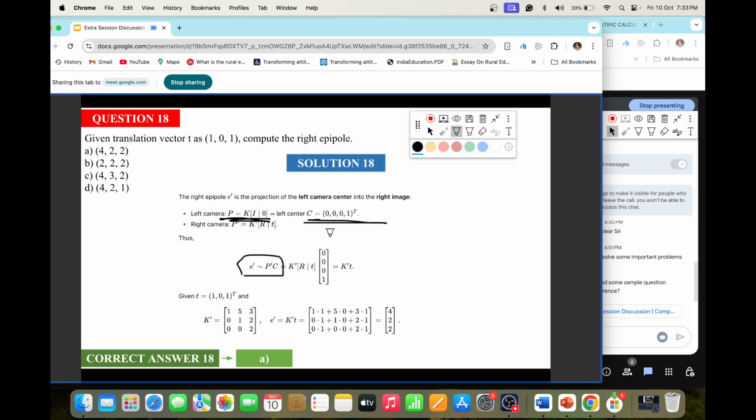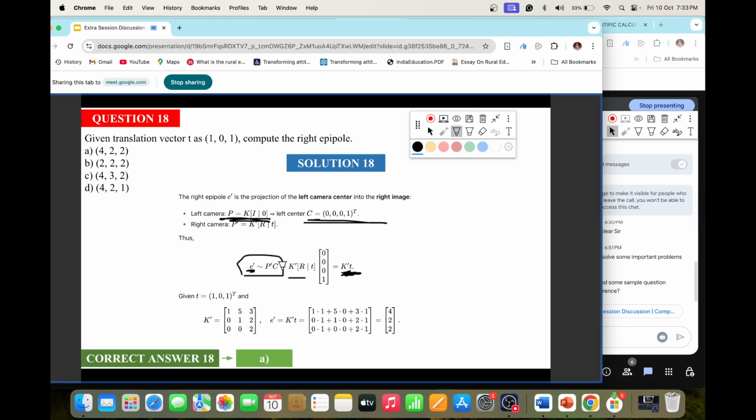So the left camera center we already know, and from this we can easily calculate E dash. E dash is K dash R T, that is K dash T only. So just find K dash T and you can get the right epipole.